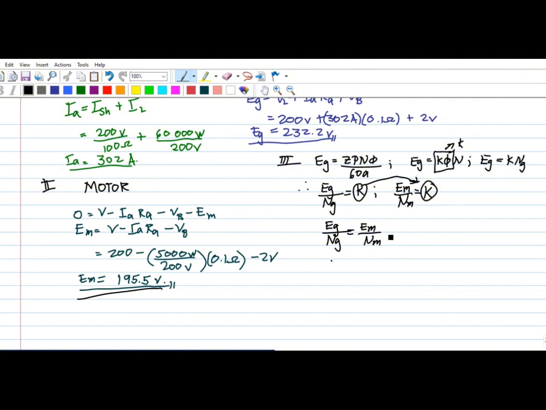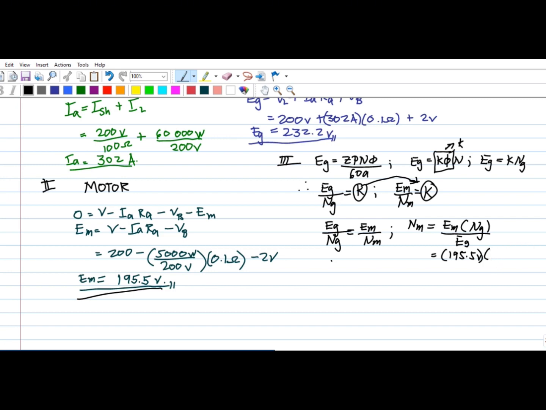So we have N_M is equal to E_M times N_G over E_G. So we have E_M, 195.5 volts, times N_G.